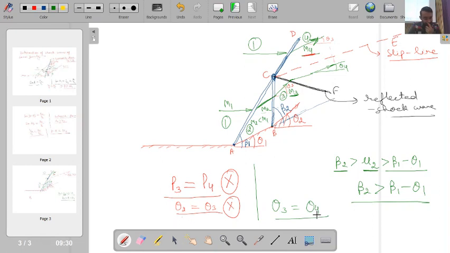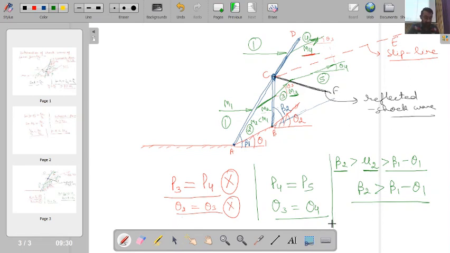Another interesting point is that this reflected shock wave will also adjust the pressure condition. After this reflected shock wave, over here I have region 5. In this region 5, the static pressure will be equal to the static pressure in region 4. So ultimately P4 is equal to P5.